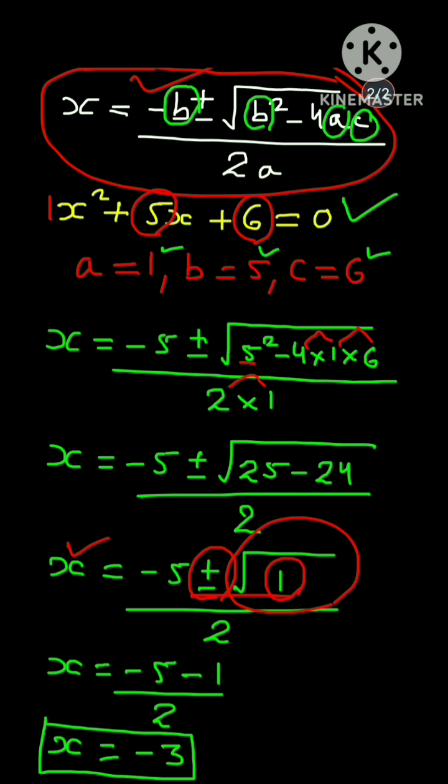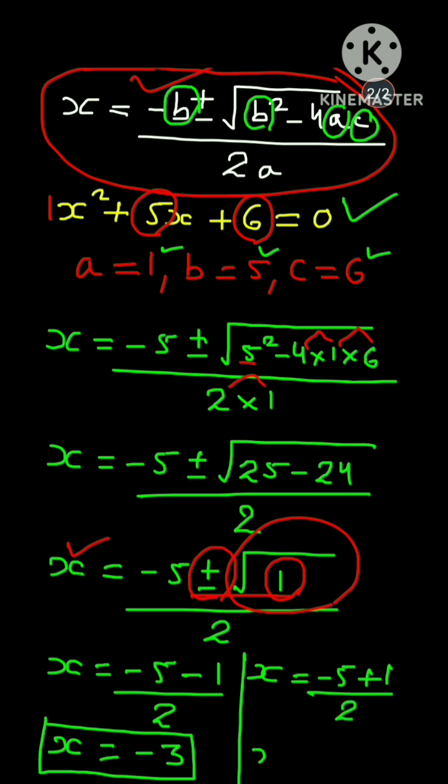Now again, let's assume the sign of 1 is plus. Then what will be the value of x? Let's find over here. x equal to minus 5, and here we have assumed the sign of 1 is plus, and root over 1 will be equal to 1, by 2.